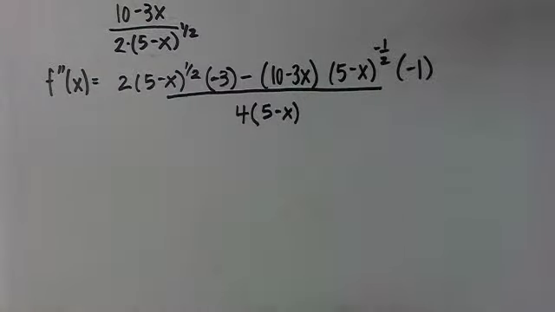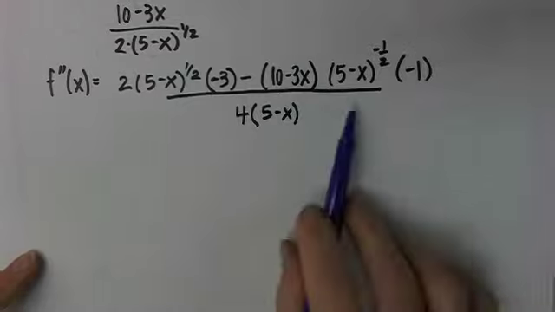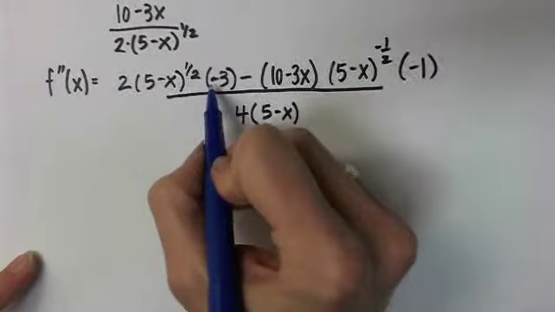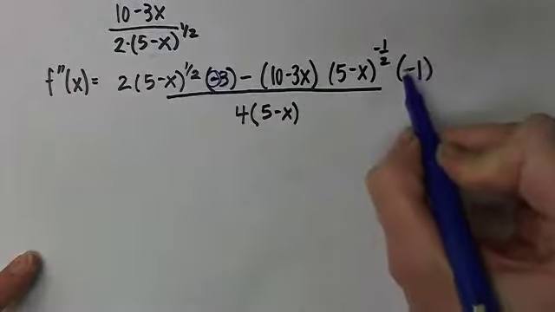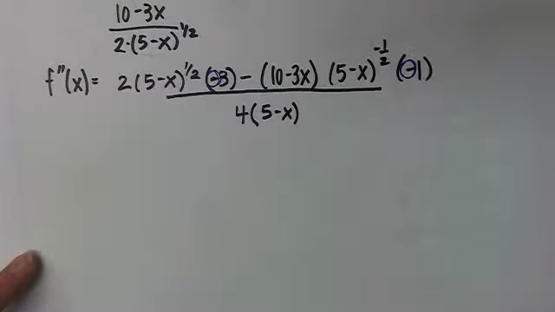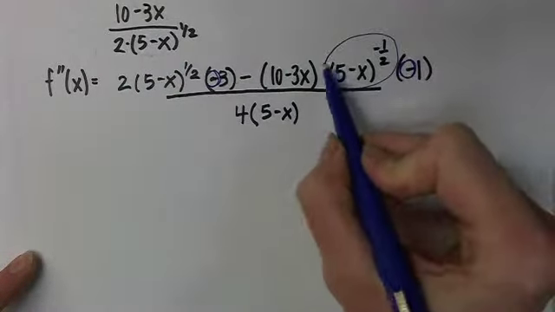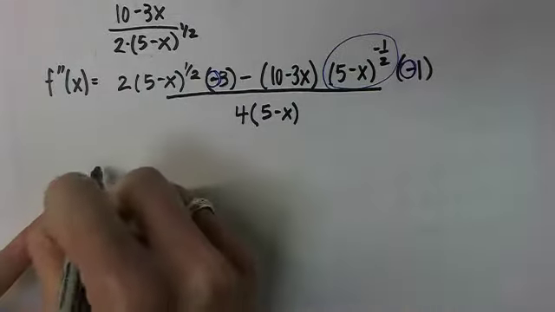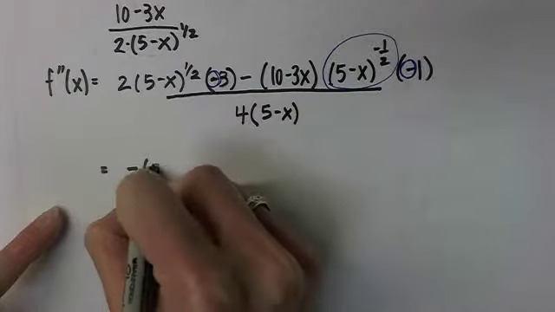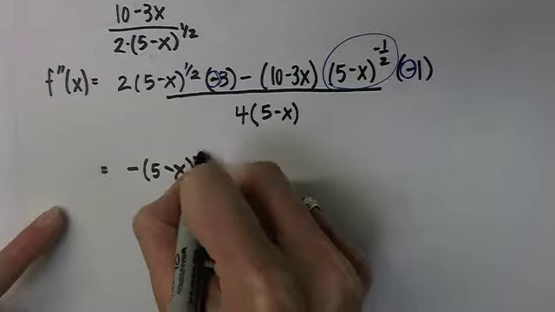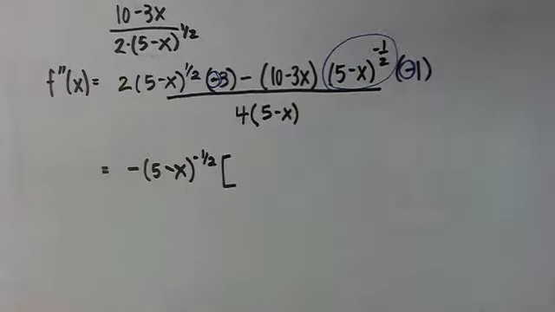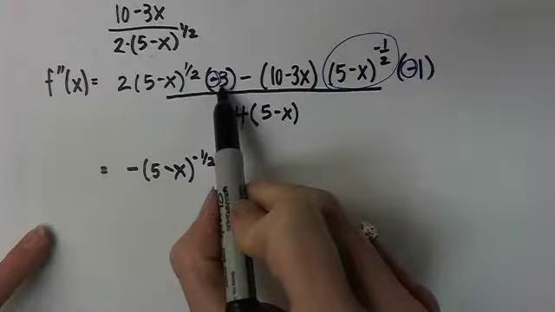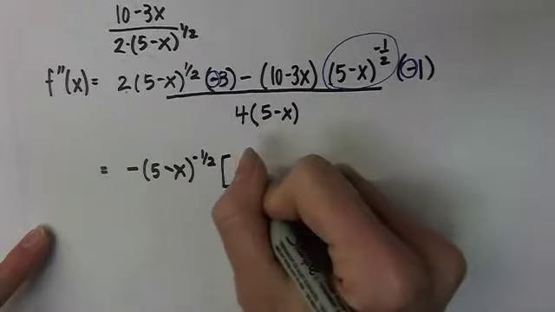All right, so let's see here. Simplifying in the numerator, let's go ahead and factor out a negative. And then let's also factor out (5 minus x) to the -1/2. So factoring out a negative (5 minus x) to the -1/2, what is that going to leave us on the inside? We get a 3 times a 2, which is 6.